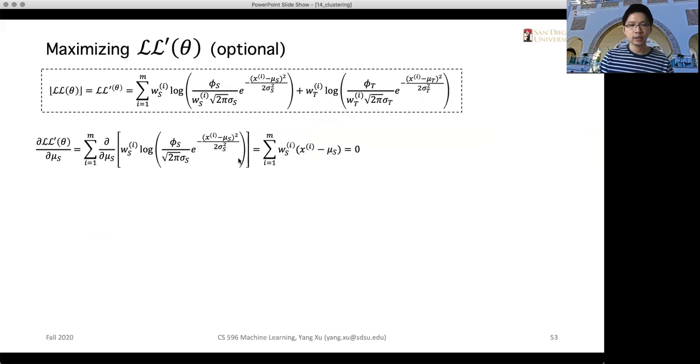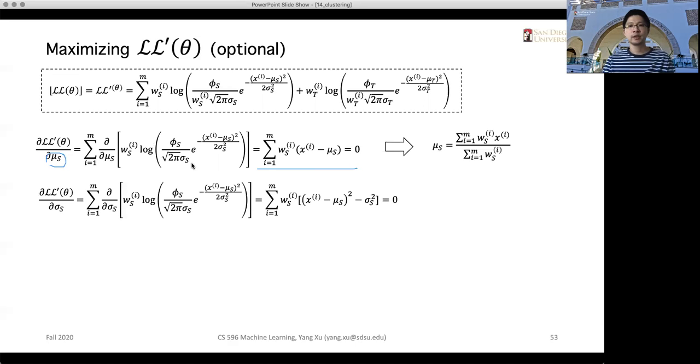Here I'm going to proceed faster. If you take the derivative with respect to mu s, the mean value for salmon, the tuna terms are all gone because they are constants relative to the salmon terms. We set this term to 0 and solve it, which gives us the solution for mu like this.